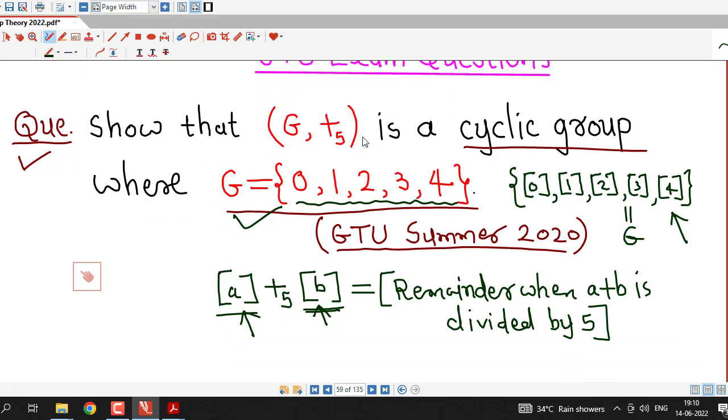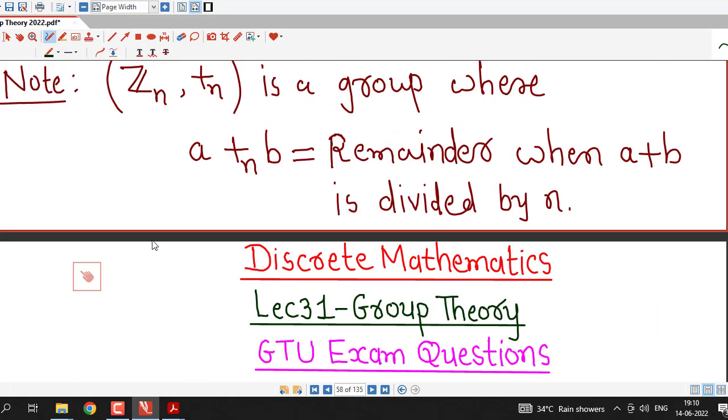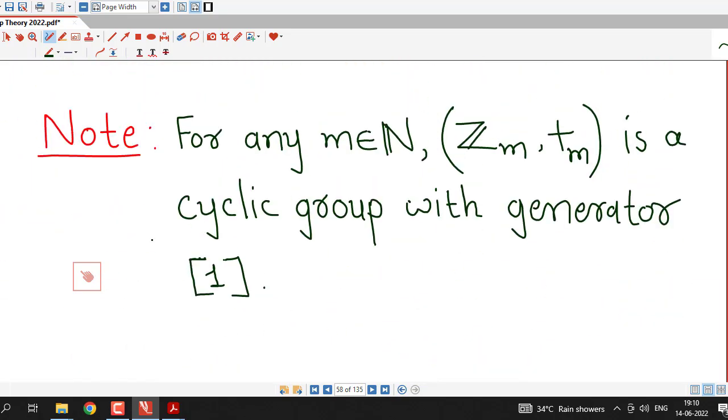Now we are asked to prove that this set G is a cyclic group under this addition modulo 5. So for that we recall the definition of cyclic group.